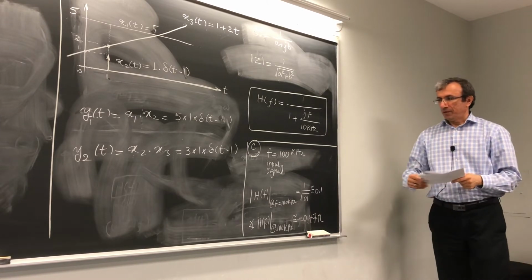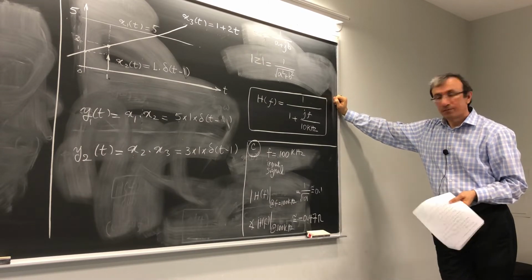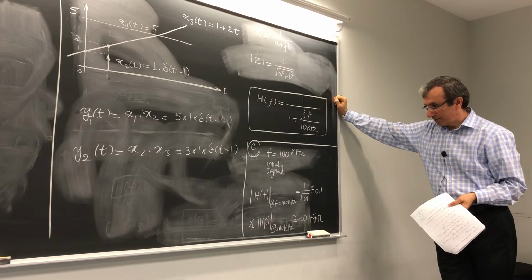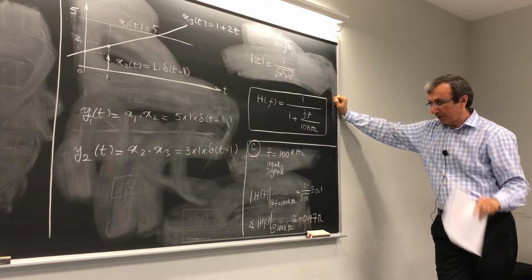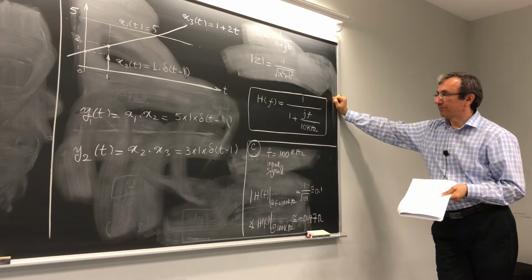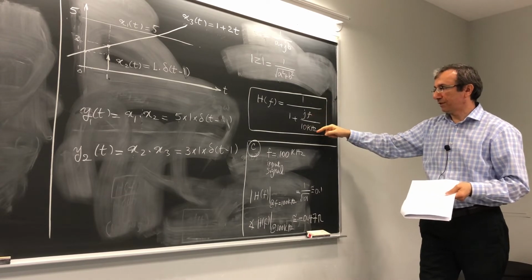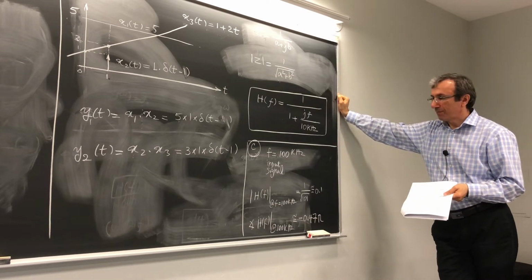So what would be the output? The phase: tan inverse of real over imaginary over real, right? You've got a negative sign, minus tangent inverse of f over 10k over 1, right?